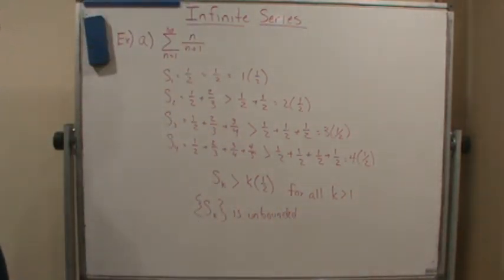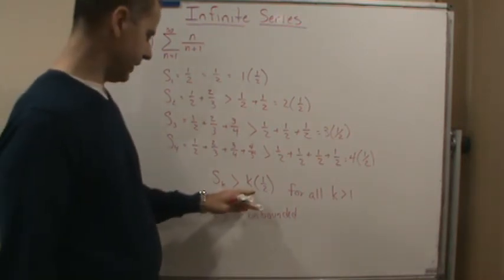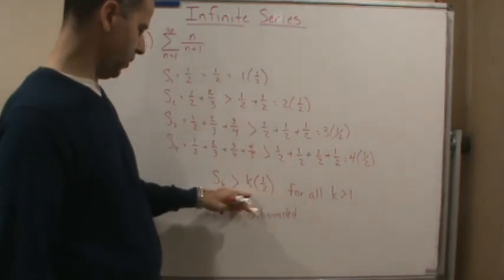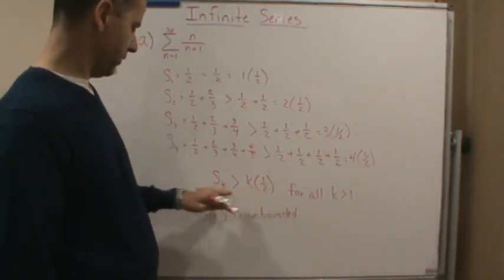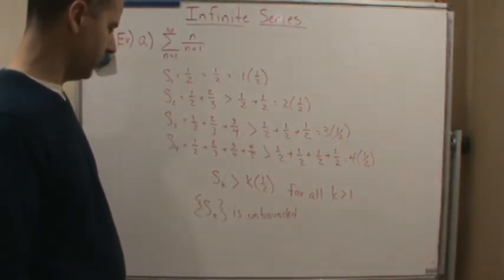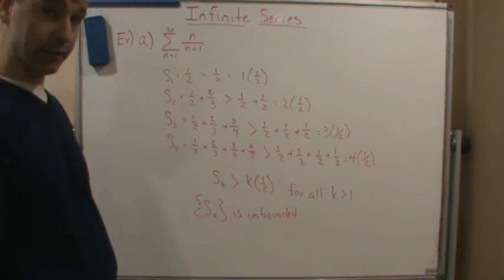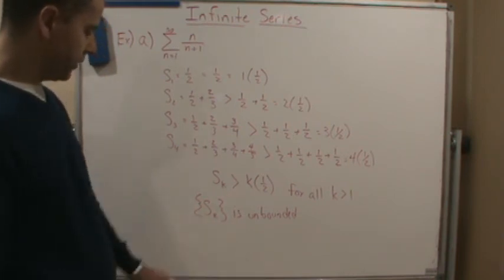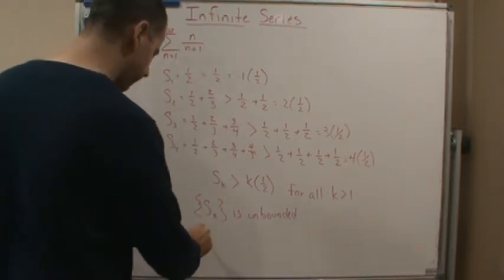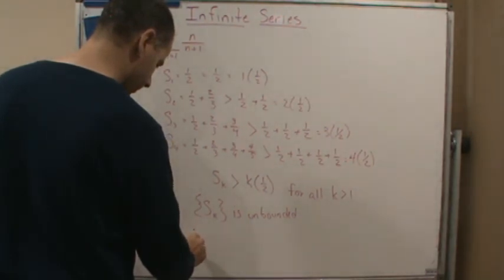Right? Because as k goes to infinity, this is going to infinity. So this is also going to infinity. Right? That makes sense.